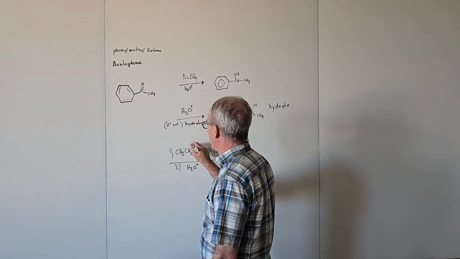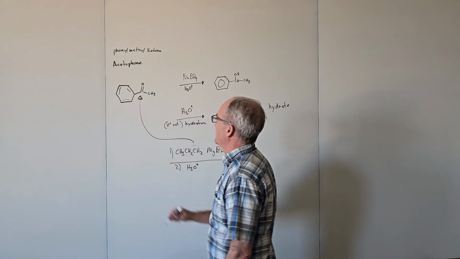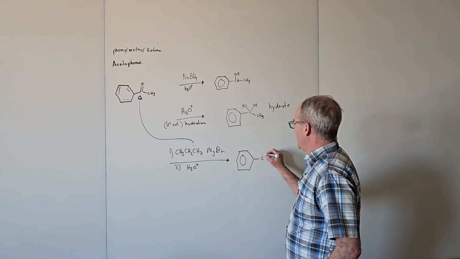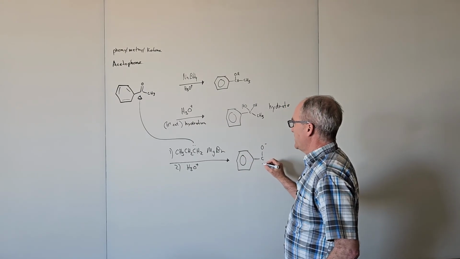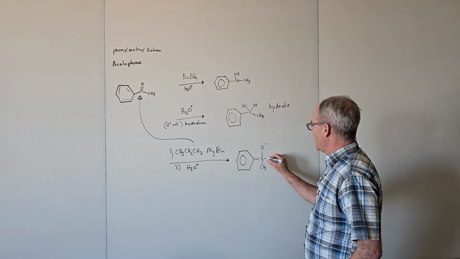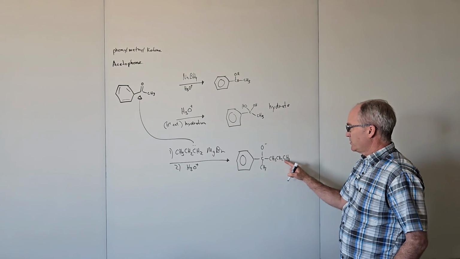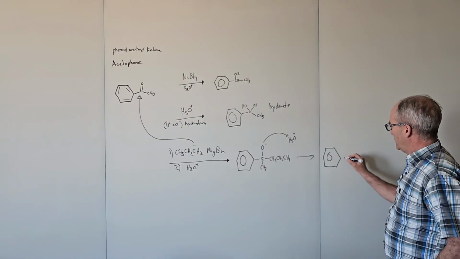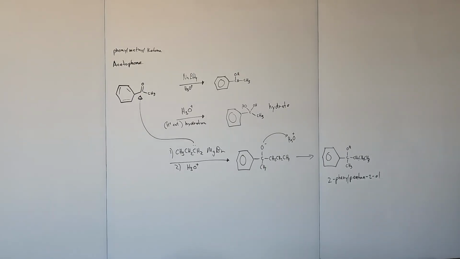So this thing's gonna slam into there. And we can just kind of do a little mechanism to help us out. I'm gonna just draw that methyl group down, making sure I've got my 3-carbon chain. So we made a tertiary alcohol.